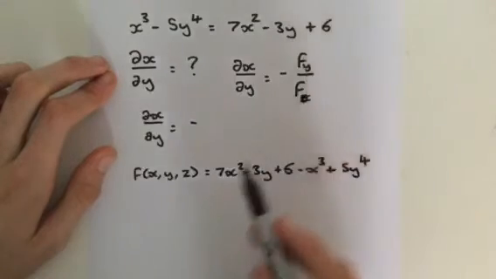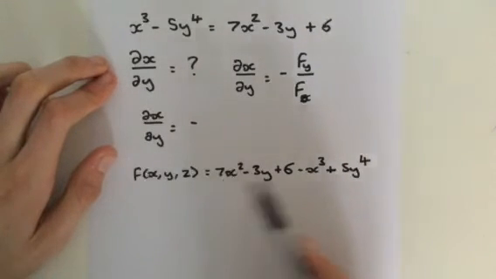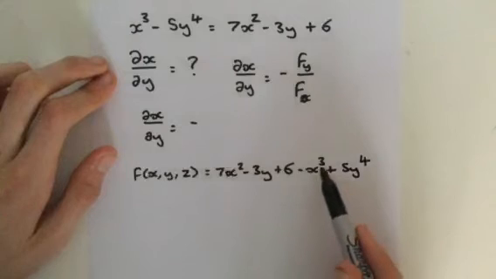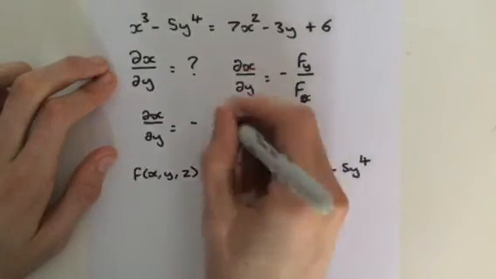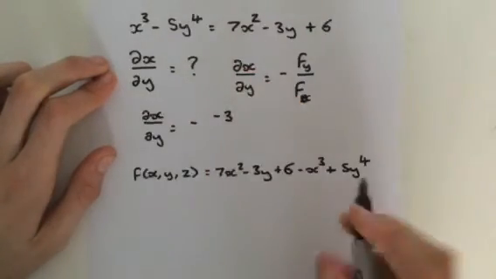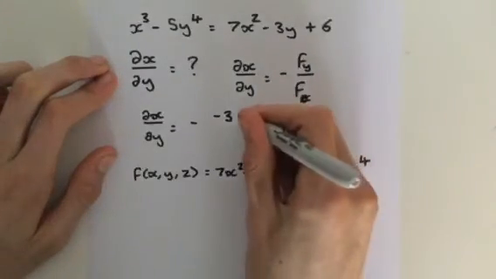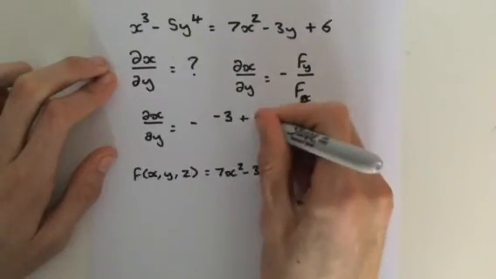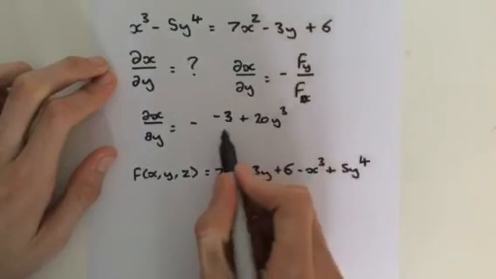So partially differentiate this with respect to y. 7x squared is a constant, 6 is a constant, minus x cubed is a constant. So we have to deal with this. Partially differentiating minus 3y with respect to y, we're just going to get minus 3, and then this one here, we're going to get plus 20y cubed.